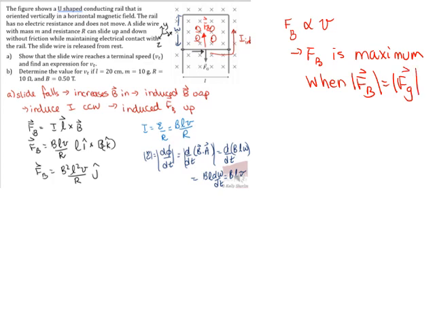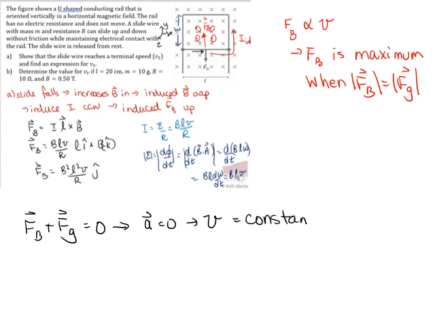And that's what our terminal velocity is. So when our magnetic force and our gravitational force sum up to give 0, we have an acceleration of 0, which means v equals constant, and that's the terminal velocity.